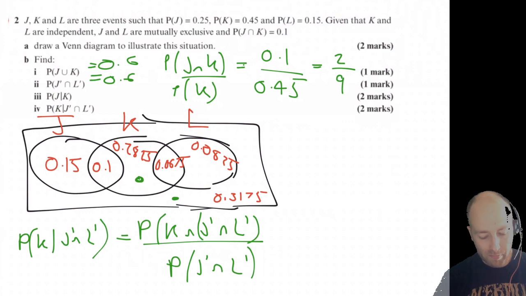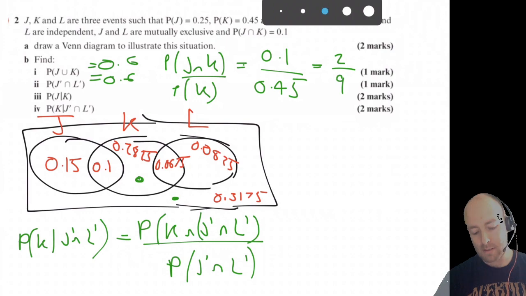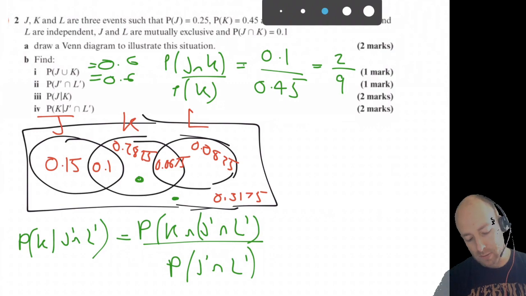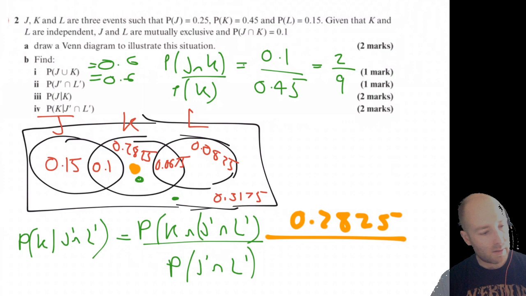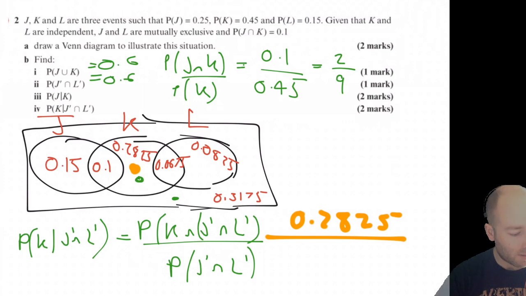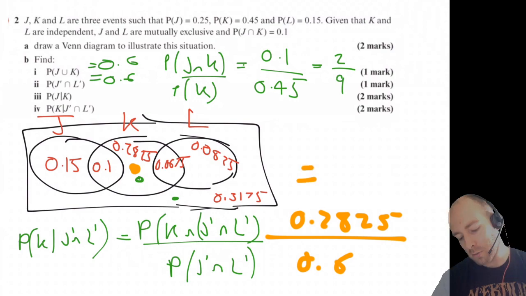K and not J and not L: we've already looked at those two middle bits, and we want K as well, so it's going to be 0.2825. That's this bit here. Divided by not J and not L, which we found earlier was 0.6. So if we do that calculation, we get the lovely answer of 113 over 240 for that one.